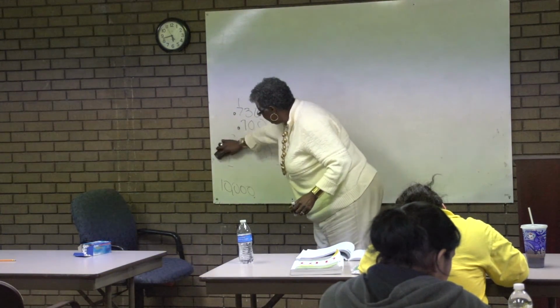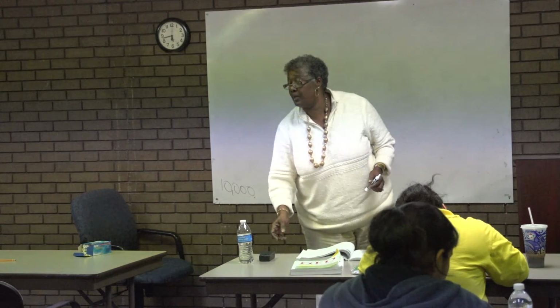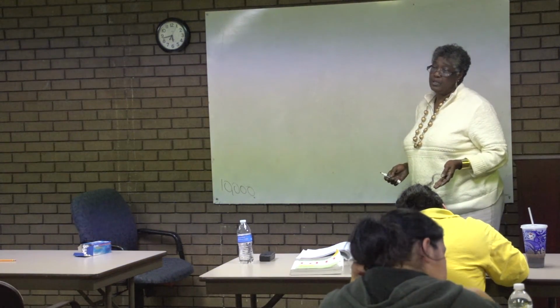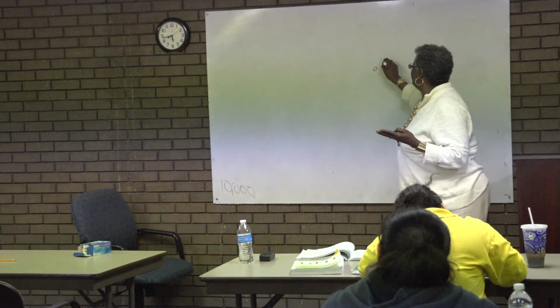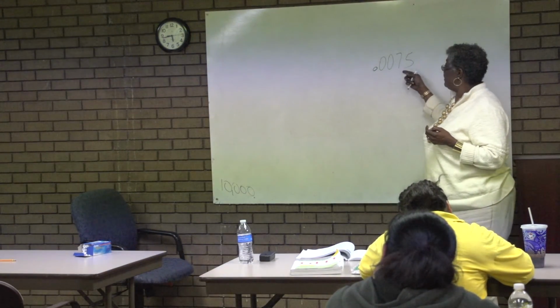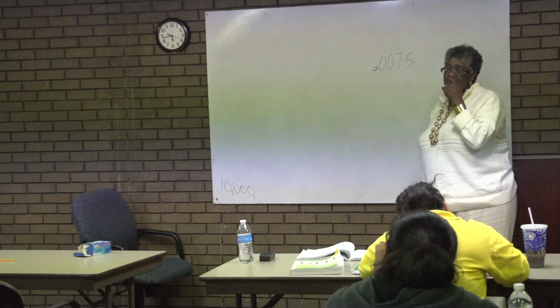I look and say, how many zeros are in 10,000? 4. So I know I have to have 4 places for the ten-thousandths place. And 75 has how many numbers? 2. So if I need 4 places, I'm going to have to put 2 zeros before my 75. I get it now.